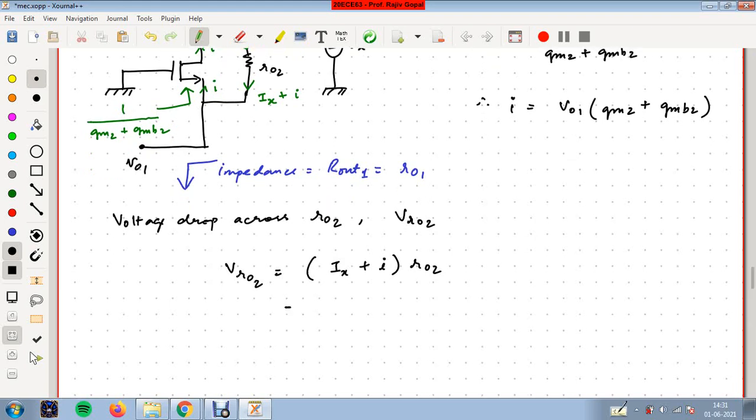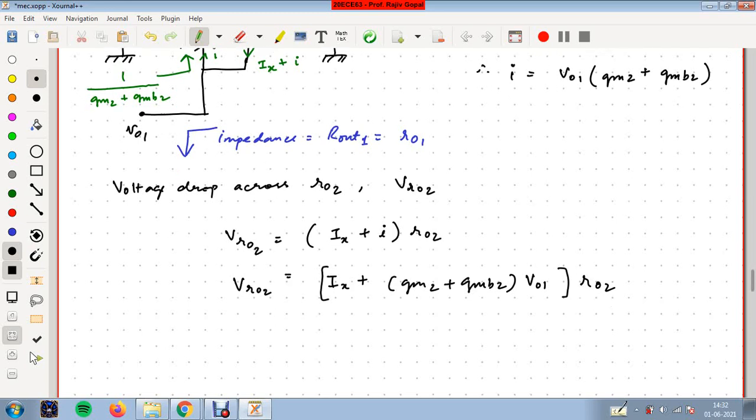Okay, so this I will write it as Ix plus I is V01 into GM2 plus GMB2 into R02, sorry, not R02, it is V01. Small correction. Okay, this whole thing into R02. Okay, this is what VR02 is.